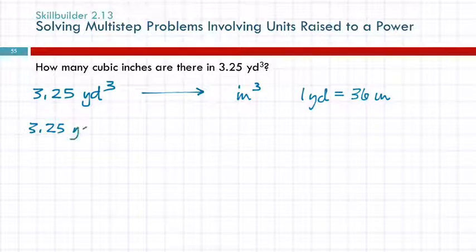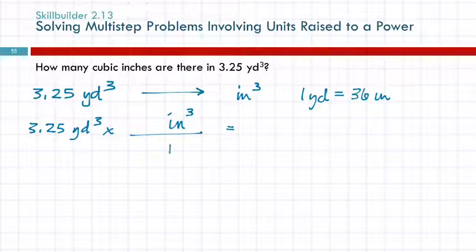3.25 cubic yards, and I've got 1 fraction. So cubic yards to cubic inches, put cubic inches over here, and cubic yards in the bottom, so that those cancel. 36 inches is 1 yard, but these are cubic inches and cubic yards, so I have to cube the numbers.